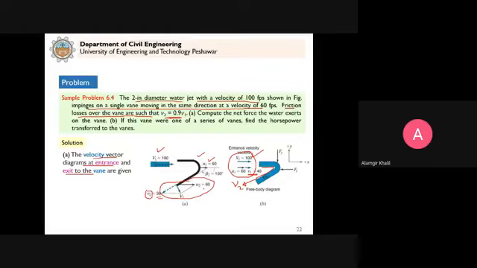So this will be your alpha and this will be your beta, the two angles which the relative and absolute velocities make, as we discussed earlier. Now we have v2 equal to 0.9 times v1. So the relative velocity small v2 we can calculate as 36 foot per second.